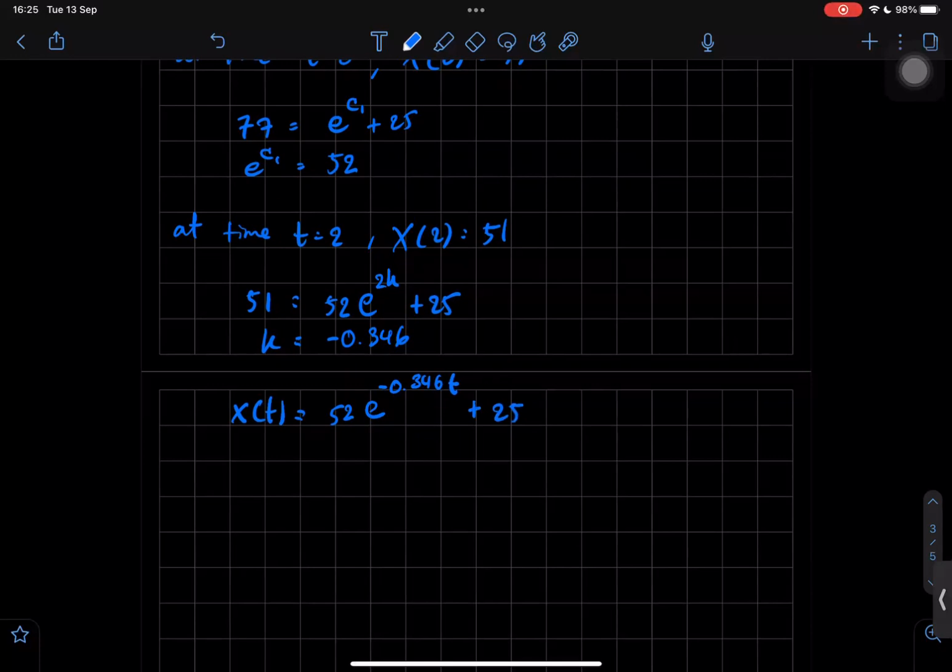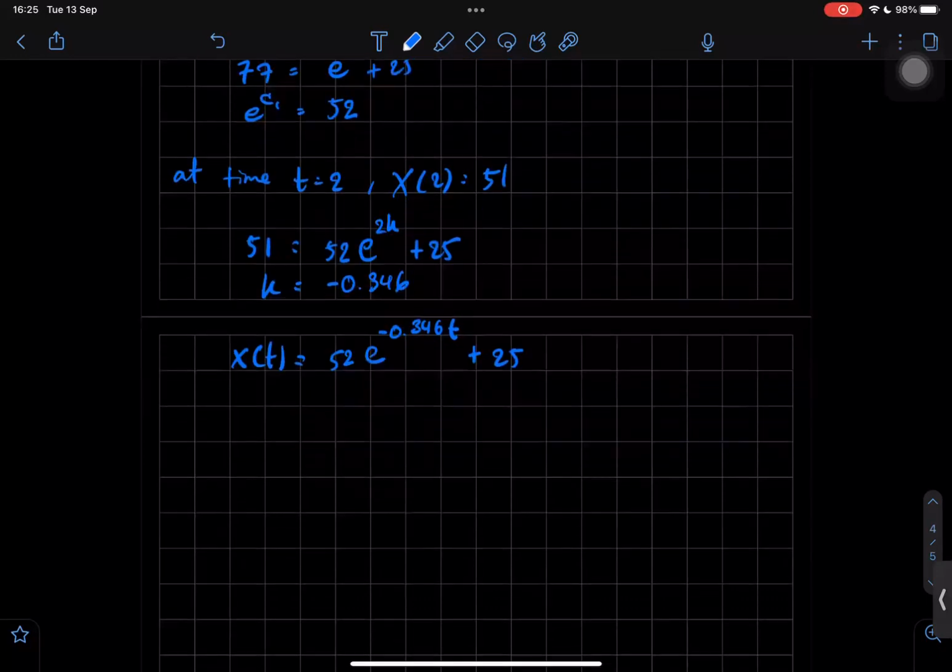Okay, and we want when x(t) will equal to 29, right? So we replace x(t) with 29, and now we find what is the t that makes it happen. So it becomes 29 equal to 52 e to the minus 0.346 t plus 25. Okay, we will get t is equal to 7.41 minutes.